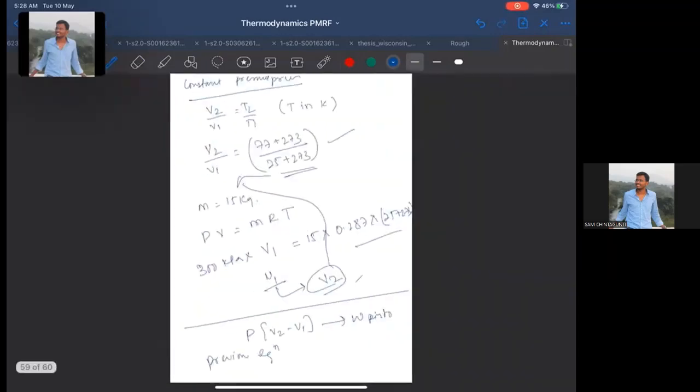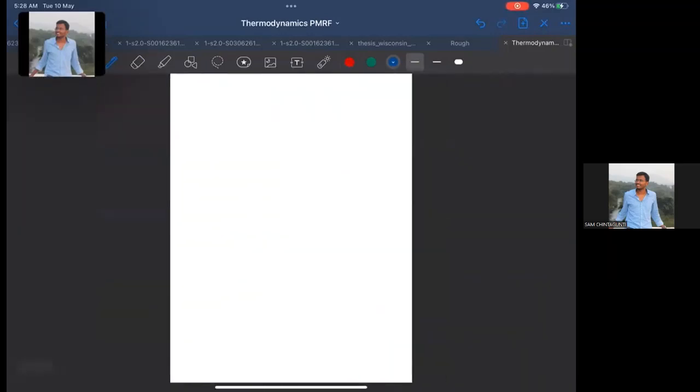So next, let's look at the next problem. Air, which is an ideal gas, in a rigid tank is given.